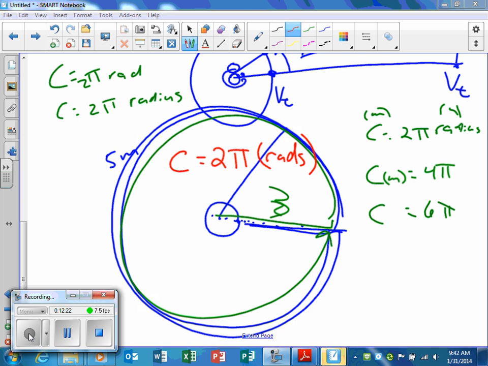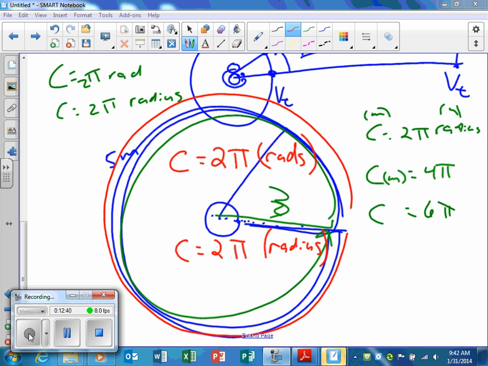Swept out. For every circle, you said there's 2 pi radians. Okay. Could someone tell me how many arc length measurements in terms of a radius are in a circle?